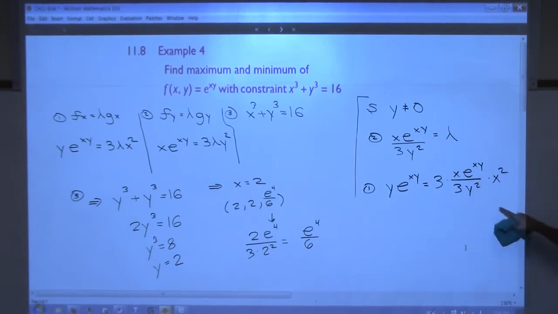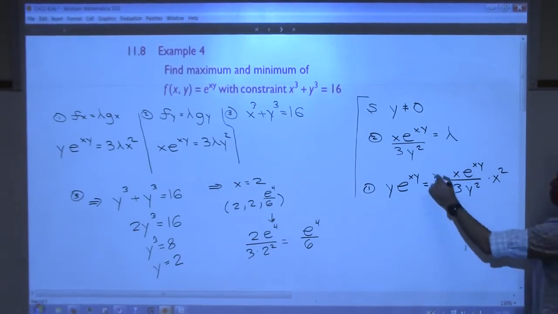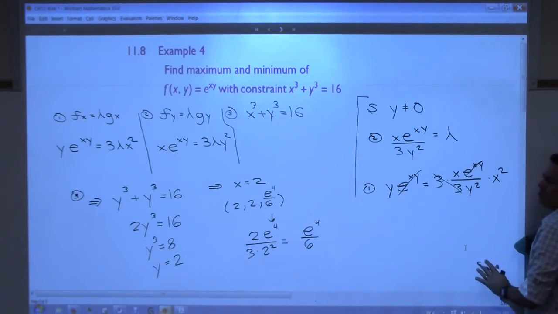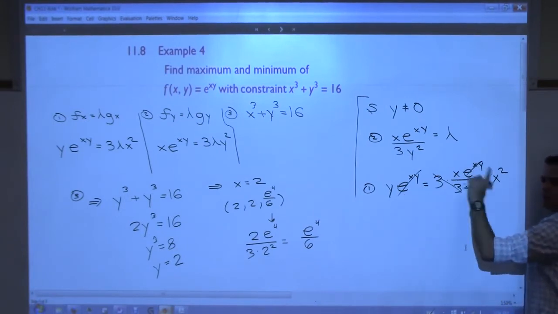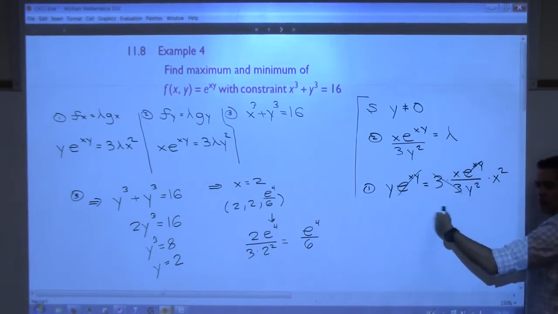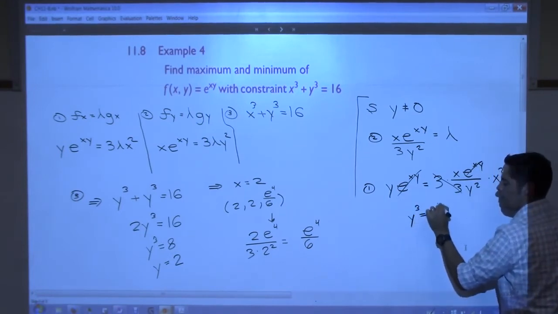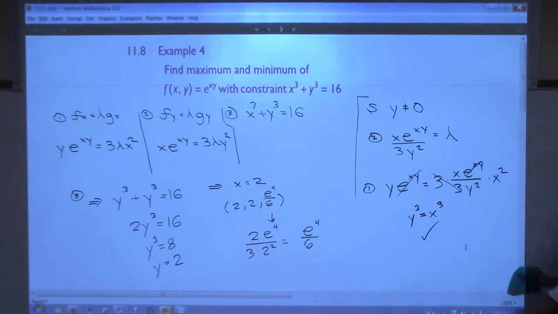Do you see this is exactly the same thing that's going to happen? Our 3's are going to cancel. The e to the xy's are going to cancel. I bring my y squared over, x cubed. So I'm going to have y cubed equals x cubed again. Check. We've done that already, haven't we?